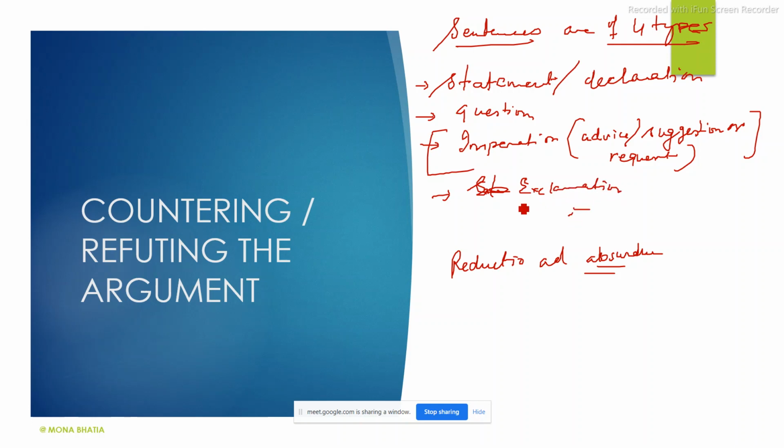Now when someone declares something, that is a declaration and a statement. ठीक है? A statement that you have made can be either true or false. ठीक है? Now, if I say she's a good girl, that's a statement. You are declaring that she's a good girl.